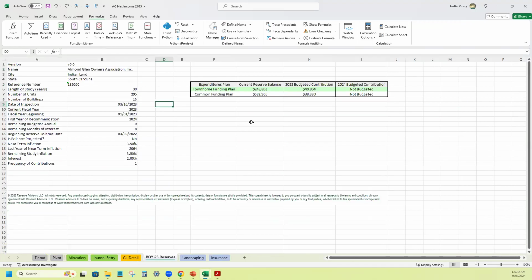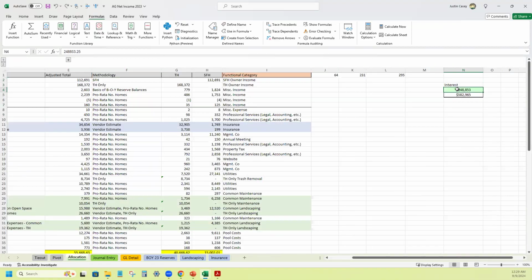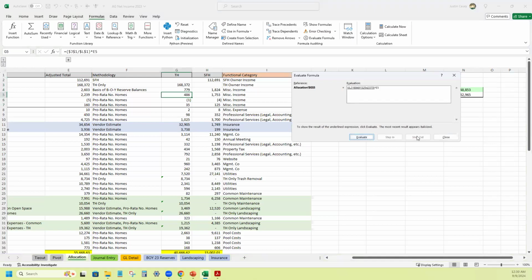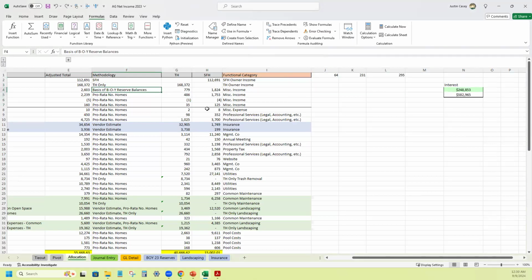So, here, a reserve basis of about 250 divided by a total of 831 gives you a percentage. We do an evaluate formula to figure out what that percentage is. Oh wait, that's not the right formula.